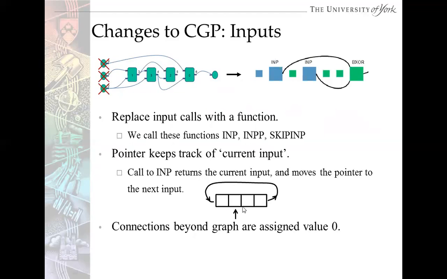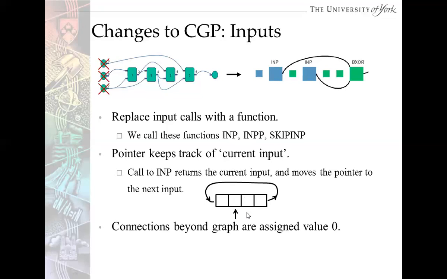So you imagine you've got a register of your inputs, and for instance, the input function will return the value in that input register. But after it's been called, it advances the pointer in the register by 1 place.